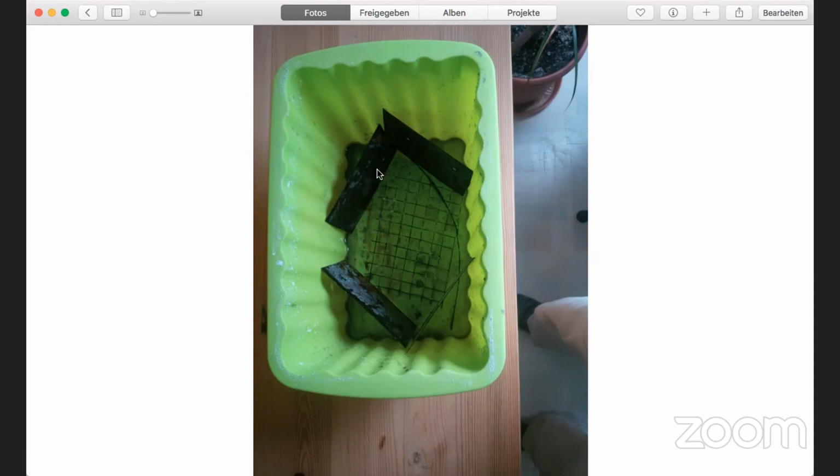That was the first picture. And when I put off the ceiling, you see on the front side there's nano-coating. Oh, sorry, I have to reshare.